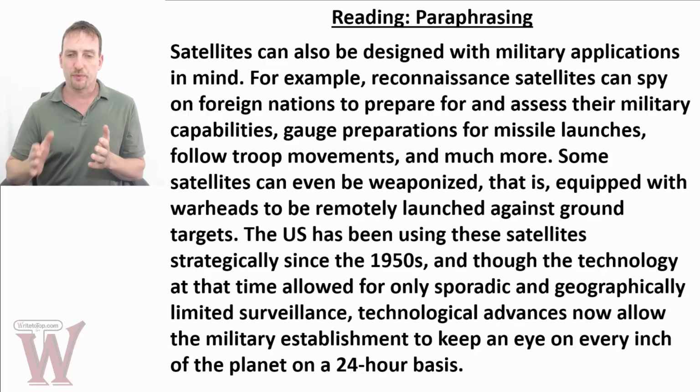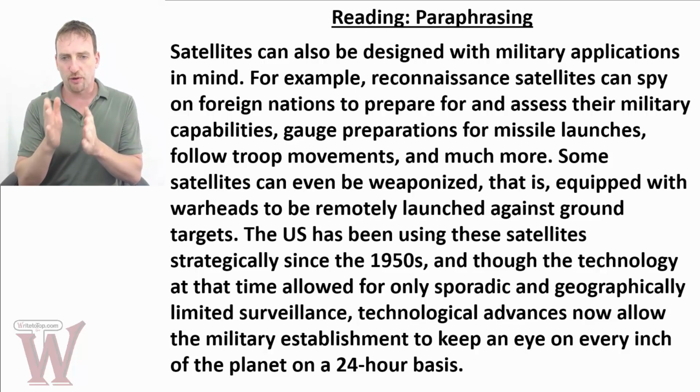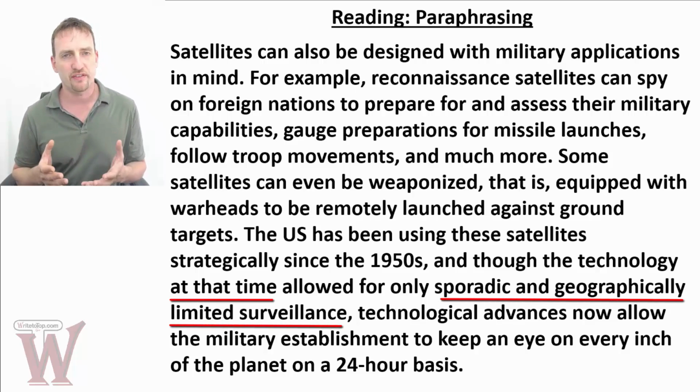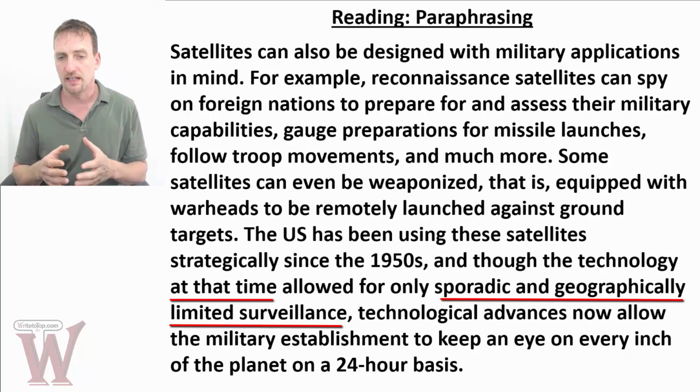But if we look at the actual passage and we look at the last sentence there, and though technology at that time allowed for only sporadic and geographically limited surveillance, meaning that in the 50s, they couldn't look everywhere all the time. They could look sometimes at some places.